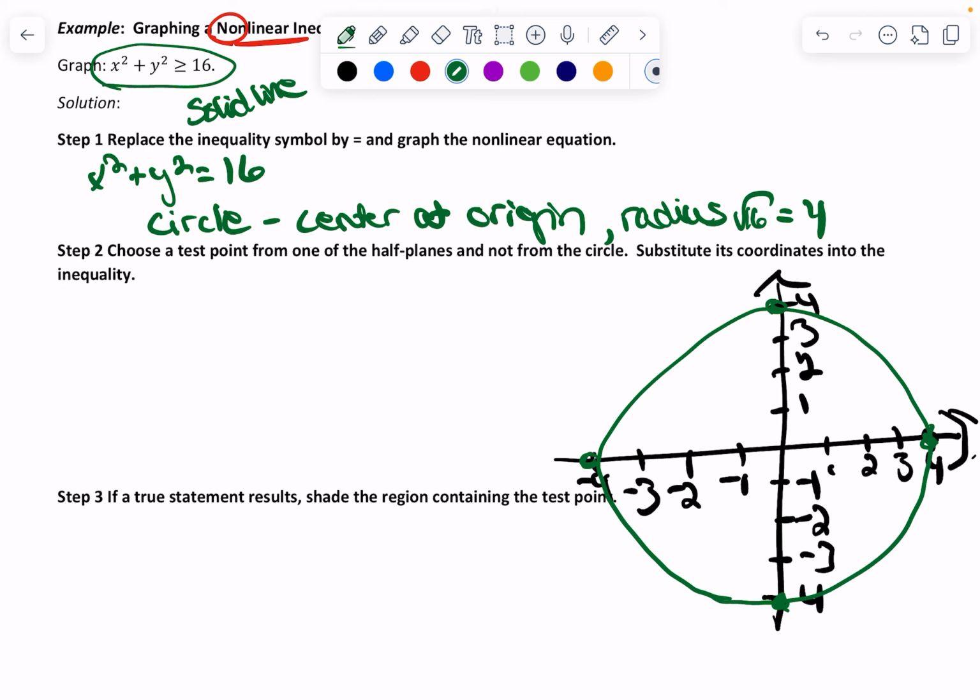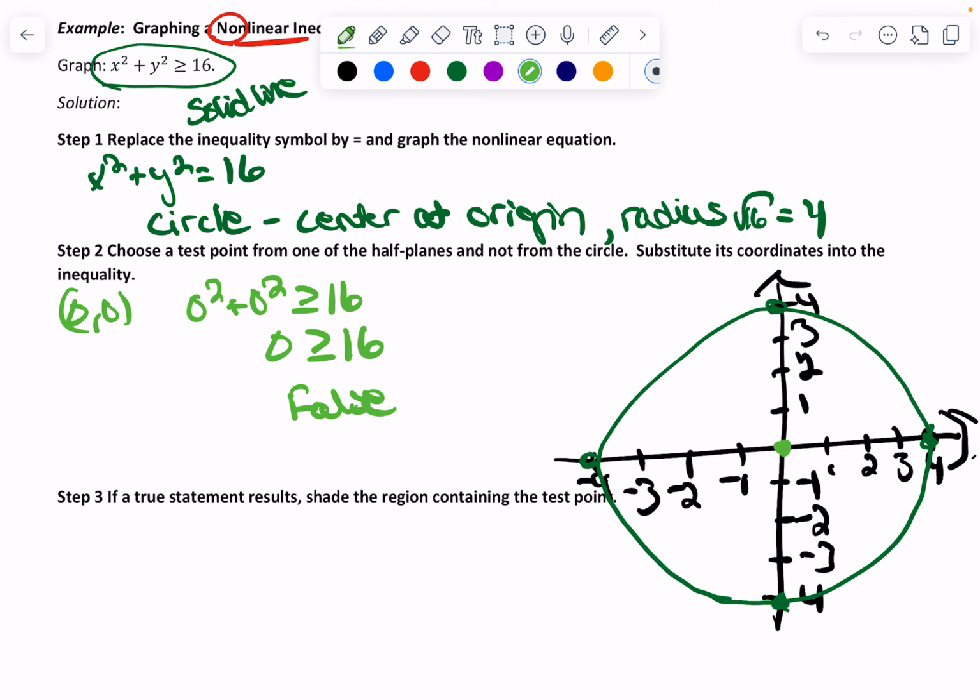Okay, next we're going to choose a test point from one of the half planes and not from the circle. Now, again, same thing applies. 0, 0 is an easy point right here, which is not on the circle. So I'm just going to pick 0, 0 and plug it in. 0 squared plus 0 squared is greater than or equal to 16. Well, no, it is not.